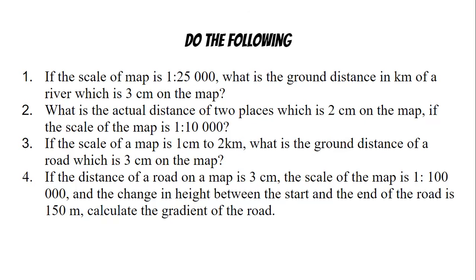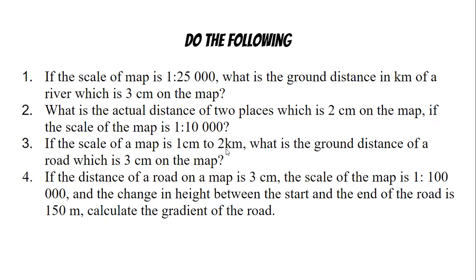So now we are going to multiply the 3 centimeters by the 2 kilometers, because remember the 2 kilometers is a part of the scale that is showing the ground distance. So you are multiplying this map distance by this ground distance. All right, and whatever you get, you would just keep it in kilometers.